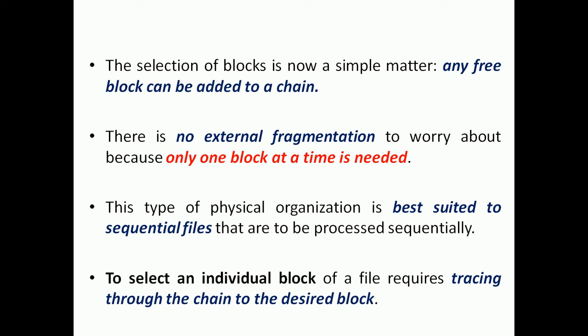This concept is best suited for sequential file access. If we want to select an individual block, the only way is to trace through the chain of pointers to reach the desired block.